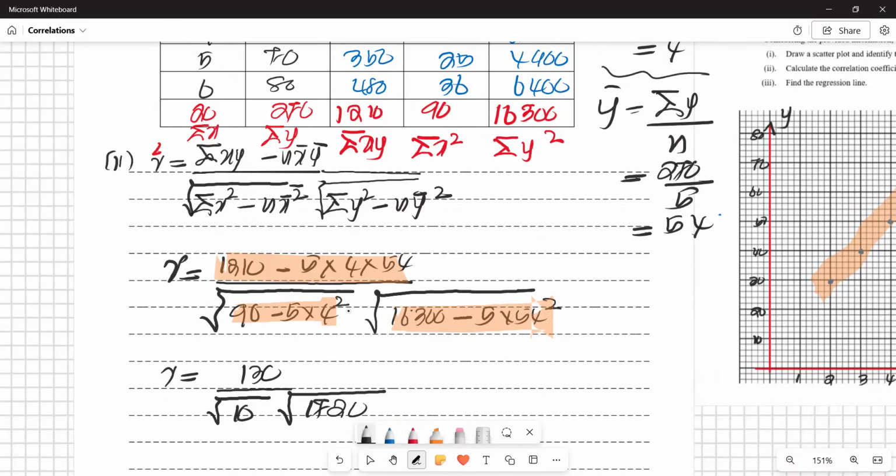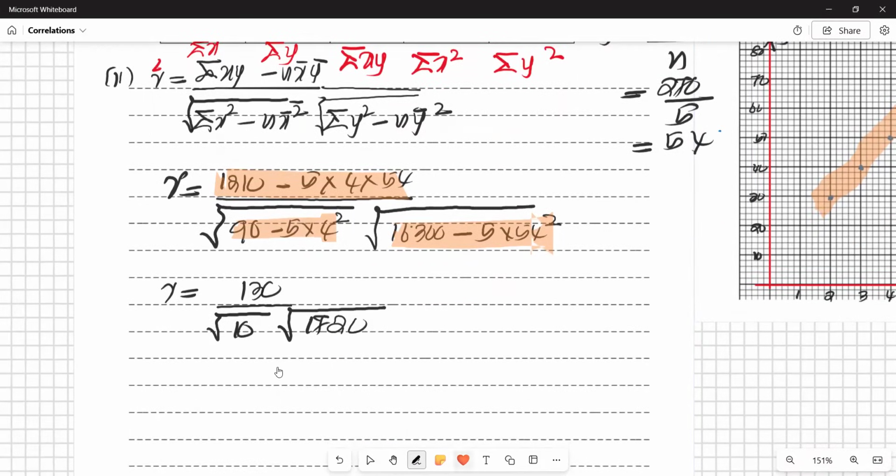Sometimes I may get errors, right? Okay, those are enough. Type this combination into the calculator correctly.